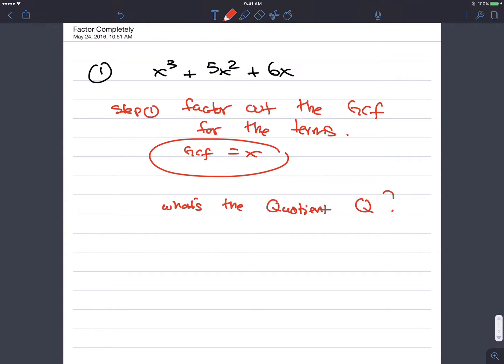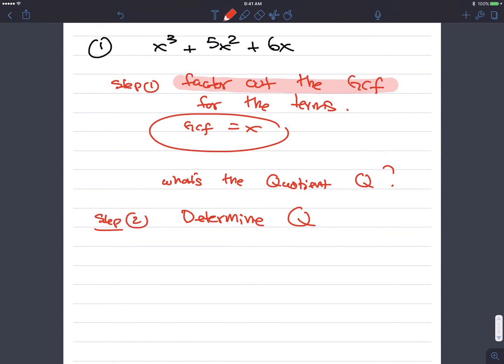Remember, when you factor out a greatest common factor, factoring out a GCF was a procedure. This is the first step. The second step in that procedure, right, was to determine the quotient. So I told you guys, once you get the GCF, determine that Q quotient. How do I get my quotient?